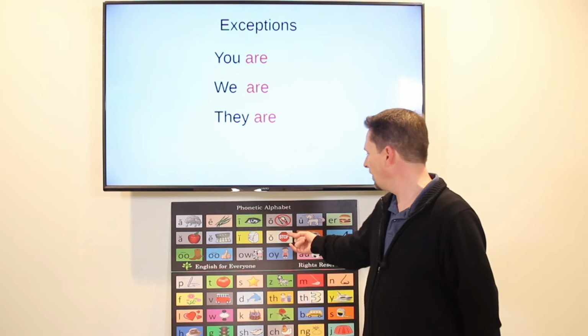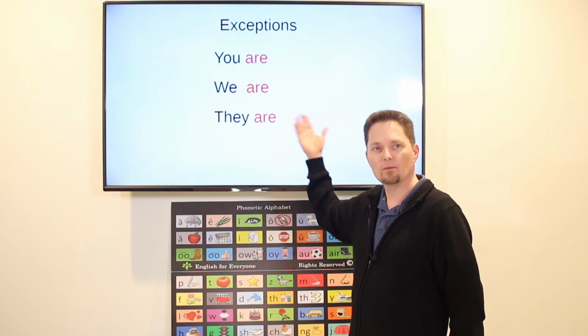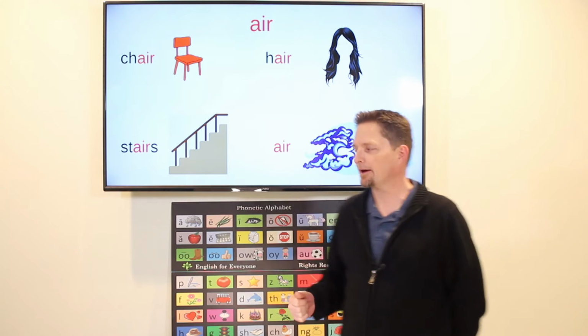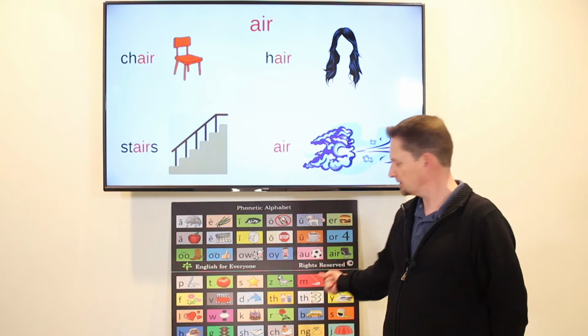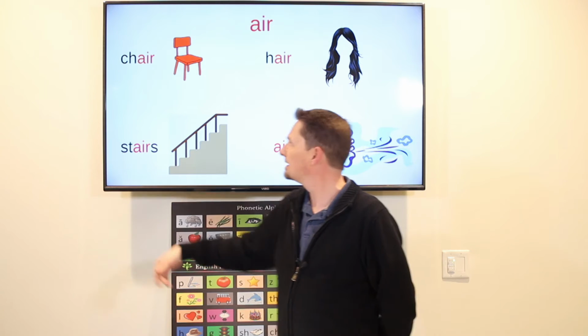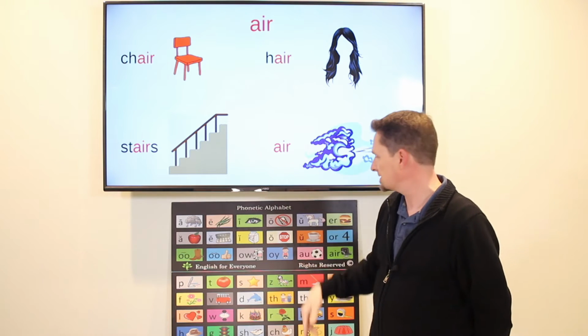The sound is an open sound, are. You are, we are, they are. Other spellings for the sound air. Here it is: chair, stairs, hair, air. So the sound starts here.